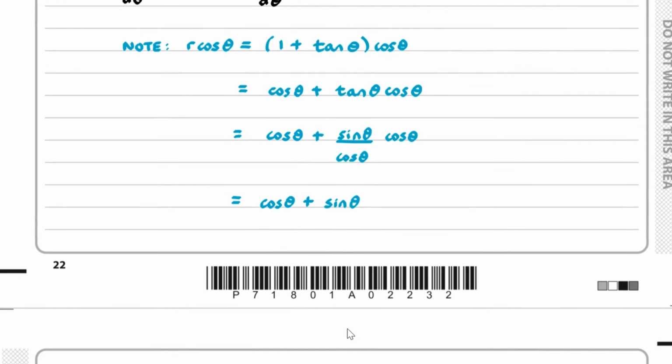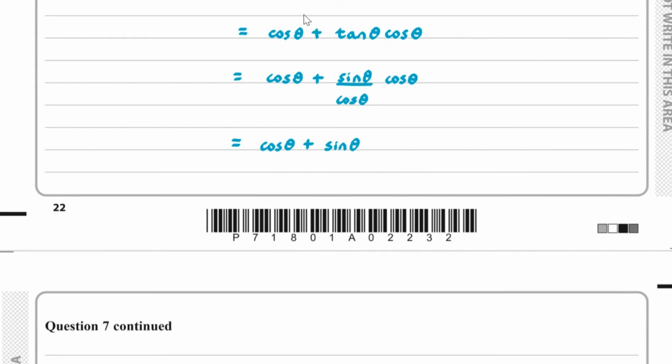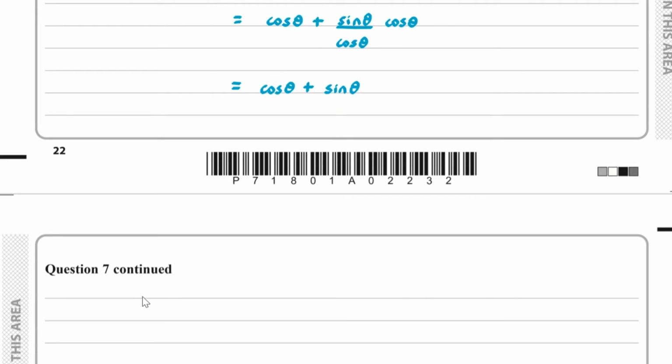And so what we want to do in this question then is differentiate with respect to theta cos theta plus sin theta, and then we will set the result equal to 0.